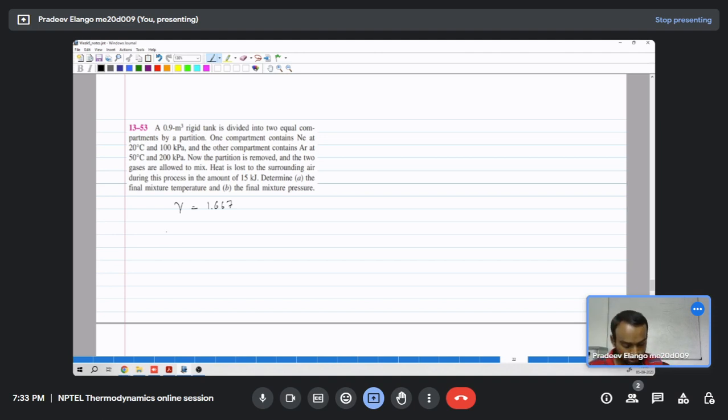For example, Cv of a monatomic gas like neon will be R bar by gamma minus 1. So this is 8.314 divided by 0.667. So Cv can be calculated. This is 12.46 kilojoule per kilomole Kelvin.